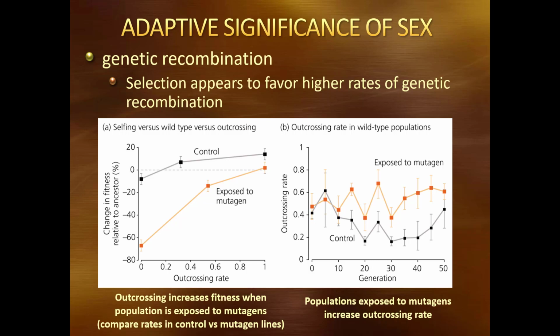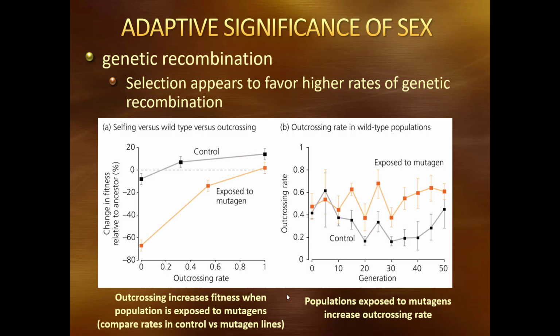So again, this is evidence that suggests that selection favors higher rates of genetic recombination in stressful environments. And that makes sense, because if you recombine your genes, you might be able to get a new combination that is now better to handle this stressful situation.